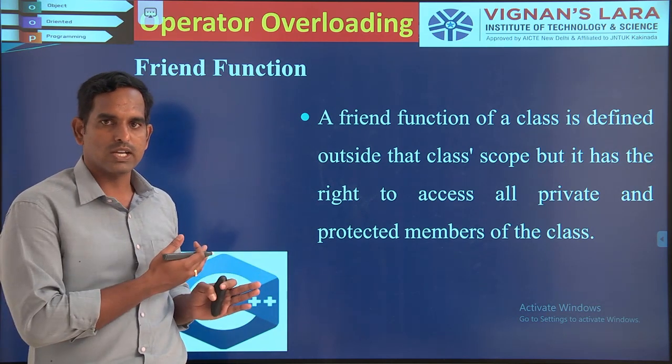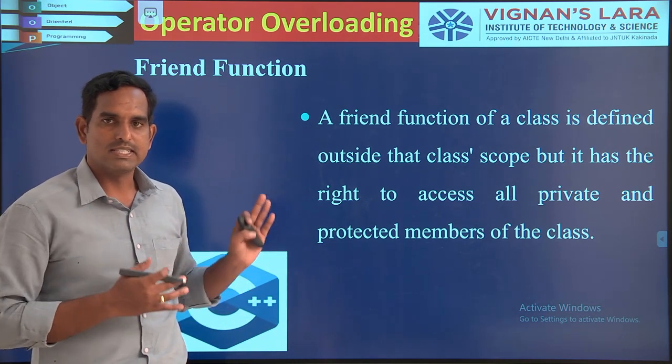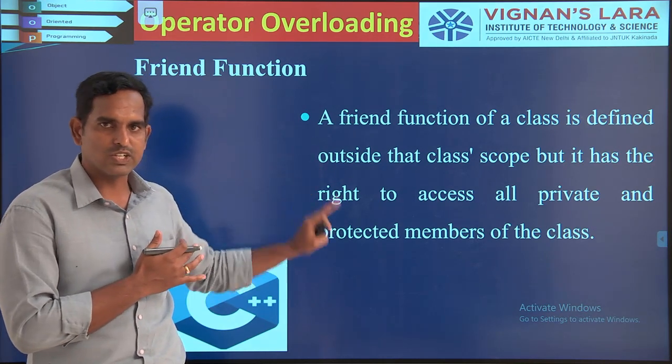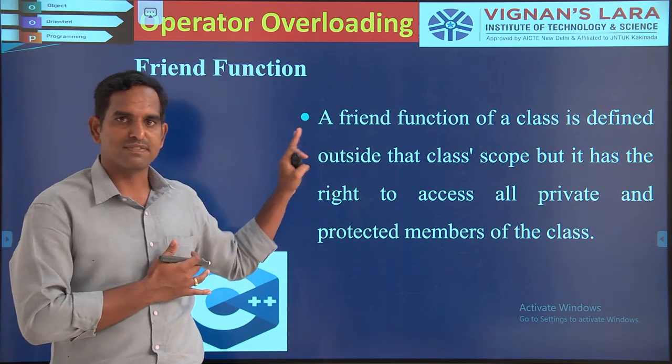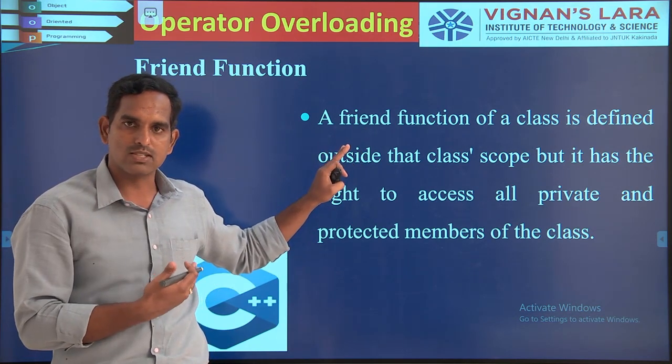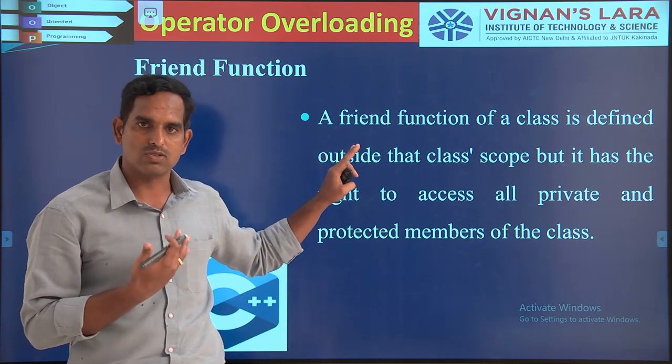We'll look at an example, but remember that this is just like a member function; whatever function you write, we are going to call it a friend function, and it can be defined outside the class scope without any access scope.